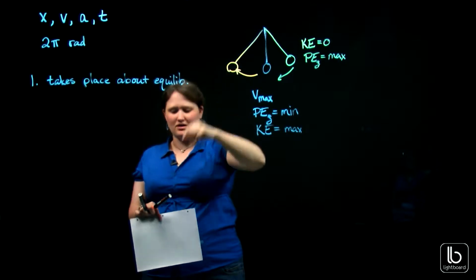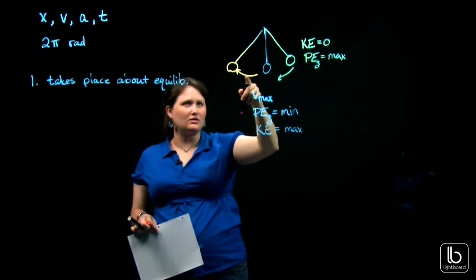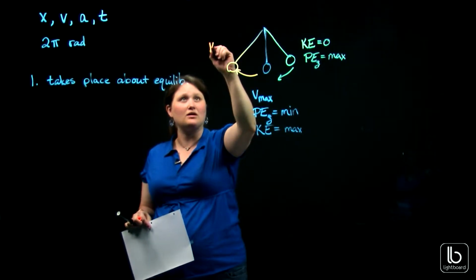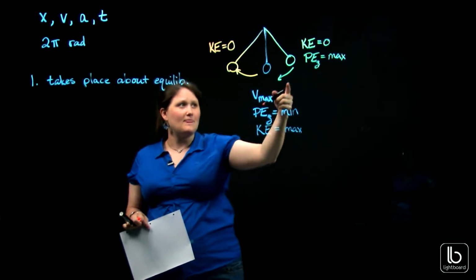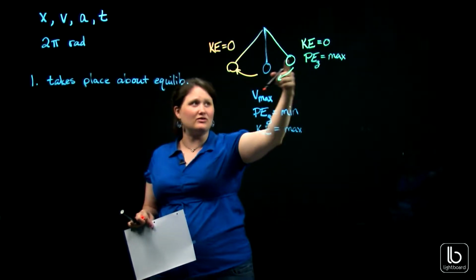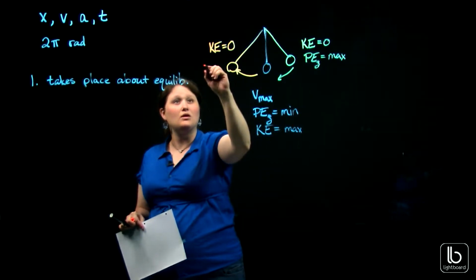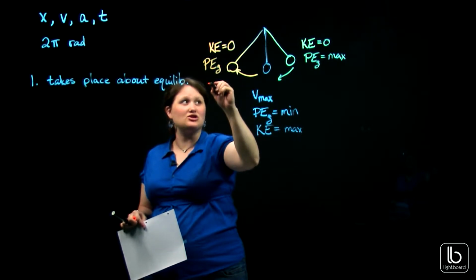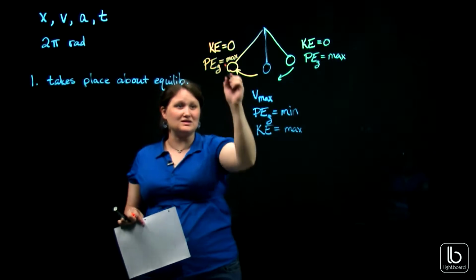And then when I get back up here, can I ever have a greater, when I get to the point where I stop, let me clarify that. I get to the point where, again, my kinetic energy is equal to 0. Is my potential energy due to gravity here ever going to be greater than my potential energy due to gravity here? No. So in other words, this is still my potential energy due to gravity, and it's the same as it was before.